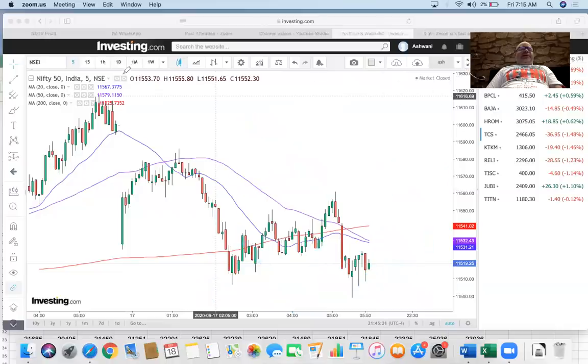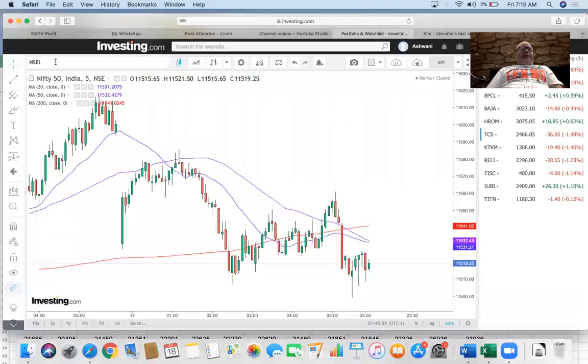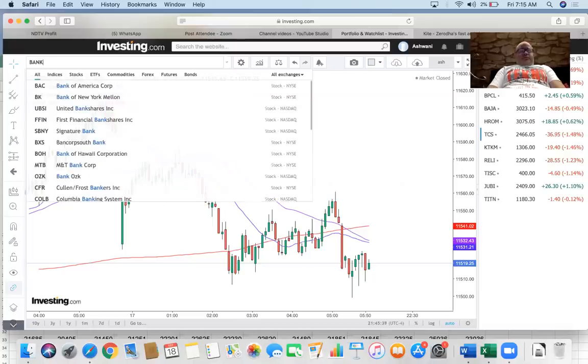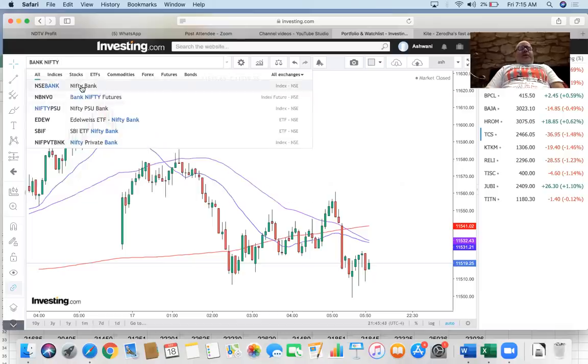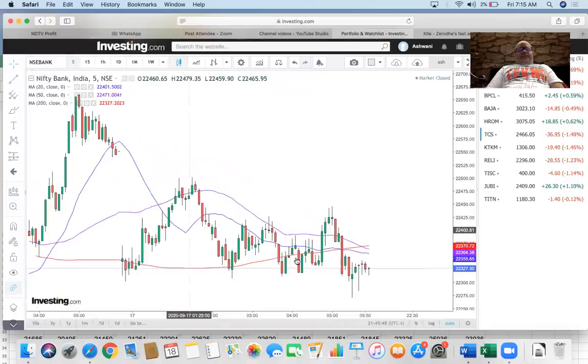The other bit is the Bank Nifty. Again, very close to the 200.